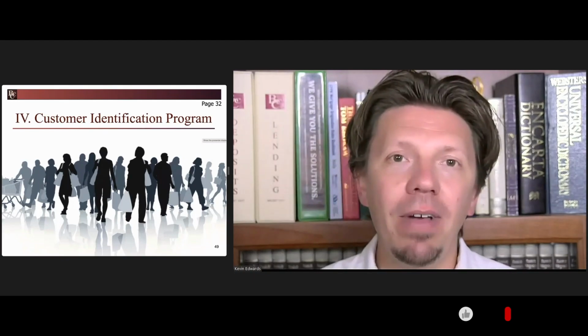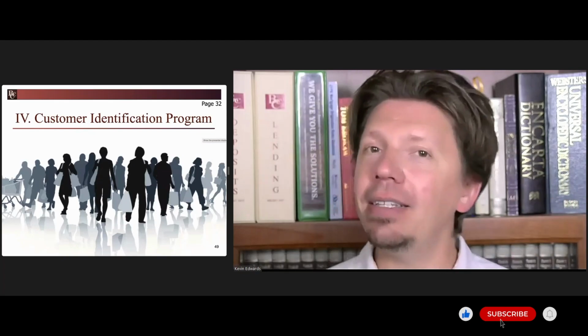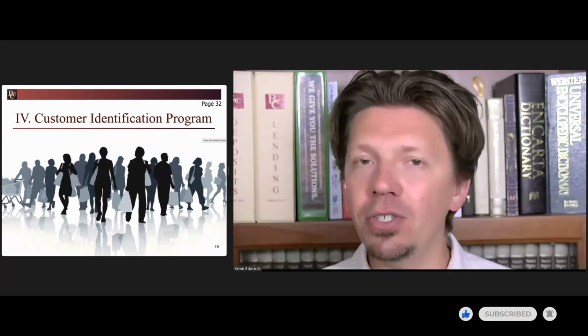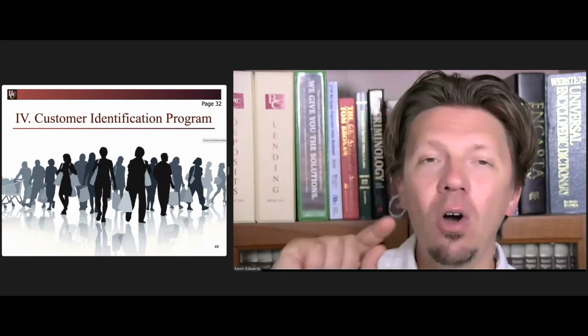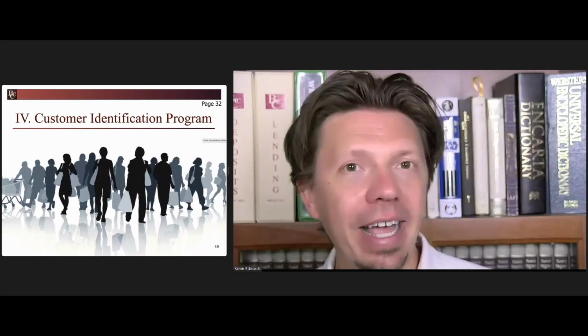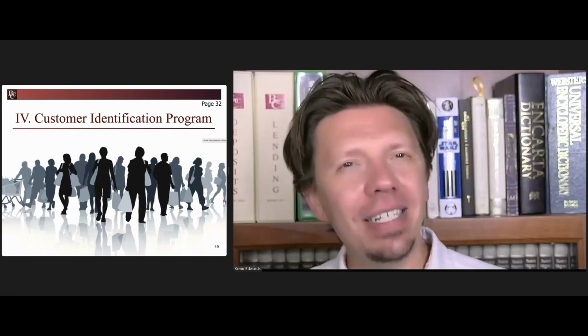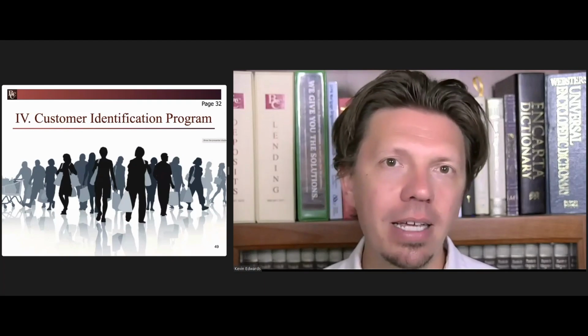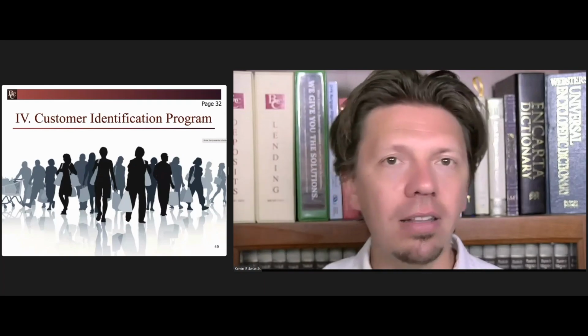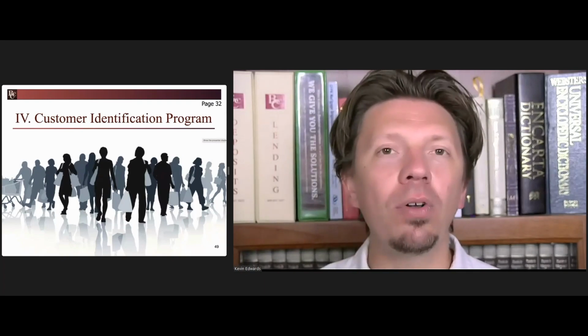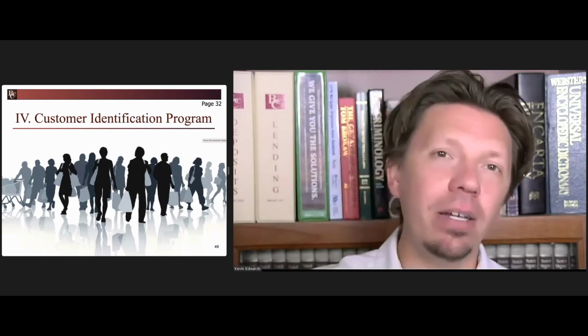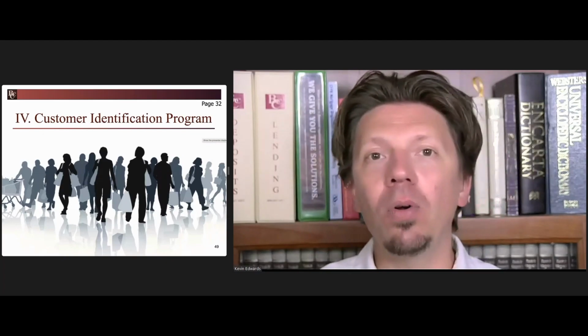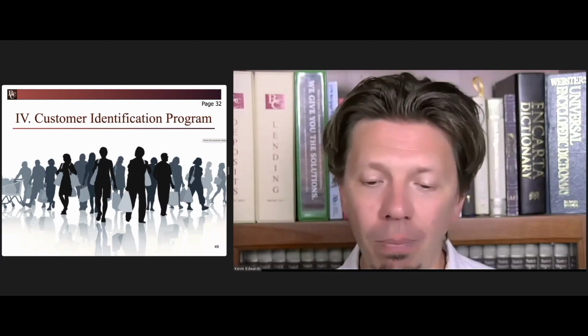Just recently, I was in a financial institution where they had a great CIP program. They'd written it up years ago. However, they opened the door and allowed for online account opening. And even though they did have a CIP process that was associated with that online account portal, they hadn't updated their written program. So their written program was out of date, right? So they were missing methods of account opening.